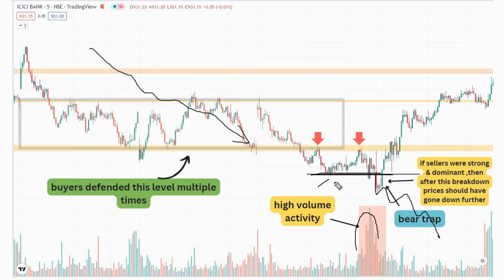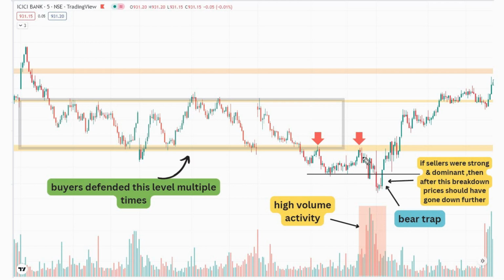See, buyers defended this support multiple times. So after this breakdown, sellers should have taken control over the prices and continued the downward momentum. But what happened? After the breakdown, there is no follow through, and there is an increase in buying pressure with an increase in volume. See the buying bars, very strong and dominant.